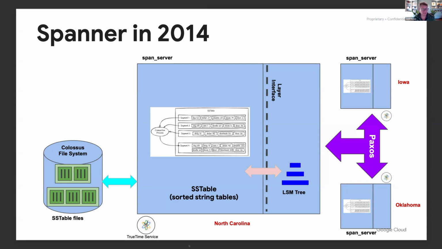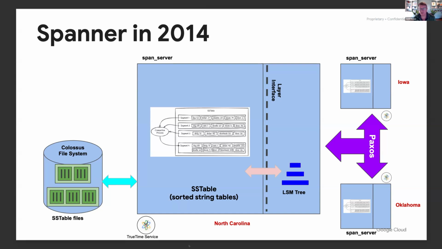But basically Colossus, being able to rely on the integrity of the local files makes Spanner much simpler, and also means that if there's a single block corruption in a single data center, it doesn't force us to do a remote transaction to execute the query.